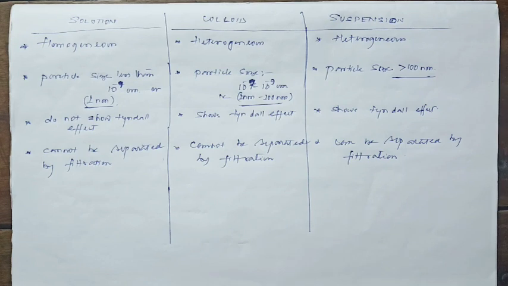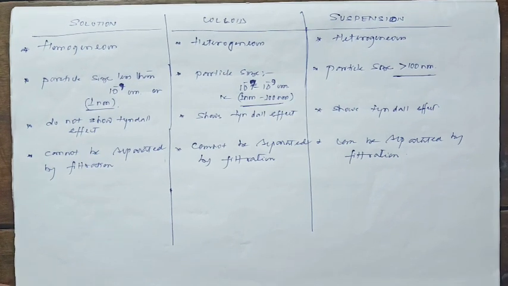Okay, students, here is a table showing the difference between solution, colloids, and suspension. Solution is a homogeneous mixture, colloids and suspension are heterogeneous mixtures. Students, let's take the example of the sugar-water solution.